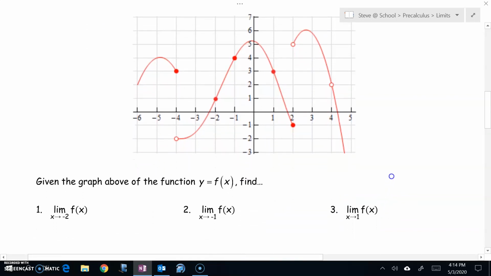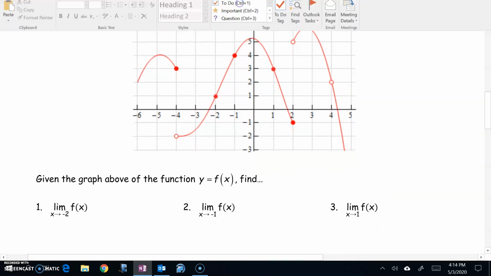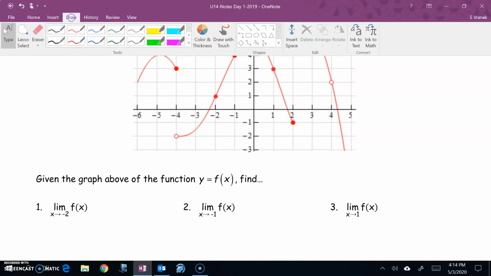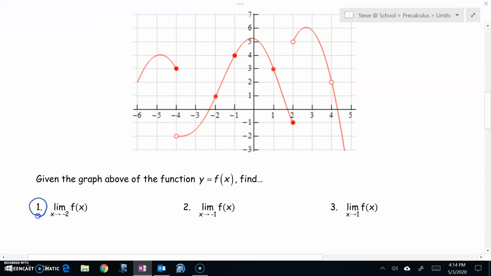Number 1 says the limit as x goes towards -2. So I'm going to use blue for this one to show you what's happening. I look at where x is -2, and I have to be on the graph, and I have to approach that value. So over here, if I'm coming from this way on the graph, I'm approaching it from that way. So notice how I'm approaching the x of -2, and then I also have to check the other side.